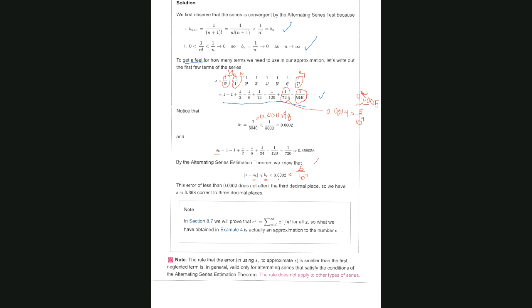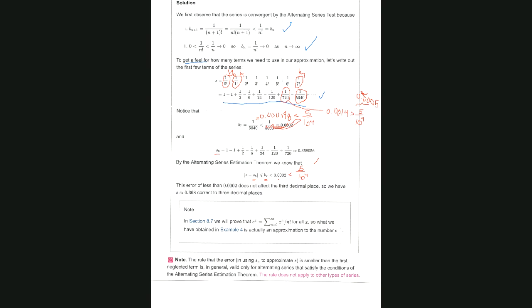since that term is less than 5 over 10 to the 4th, right? So I'm really not worried about that too much, okay? I'm just looking at that 8th term, B sub 7.